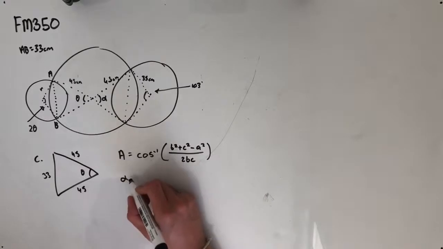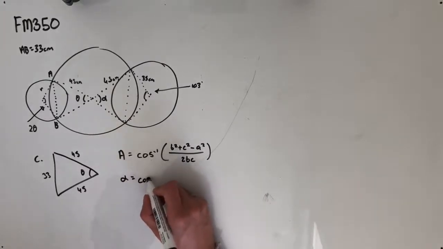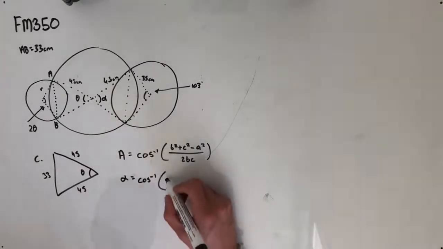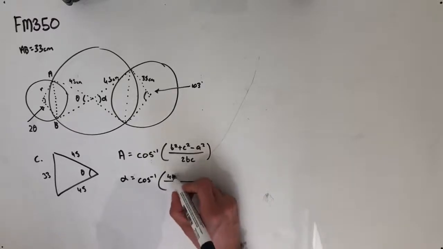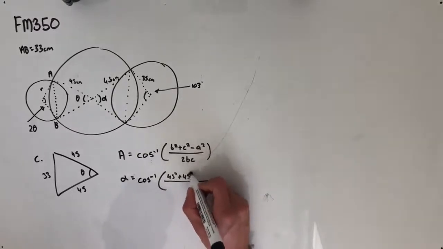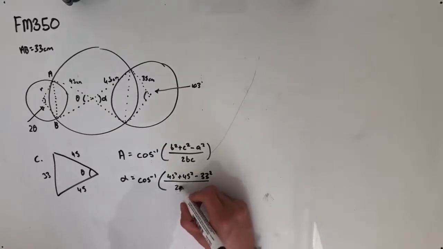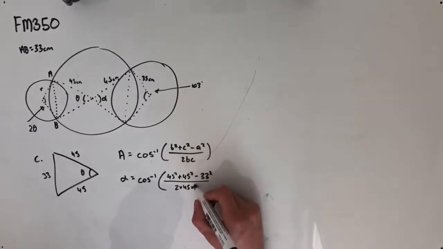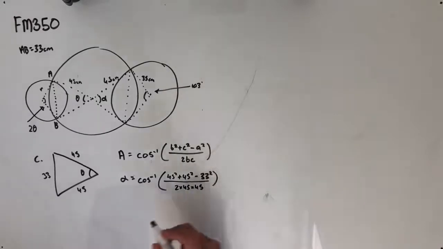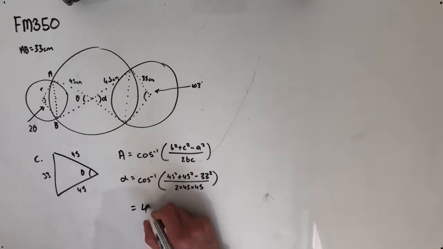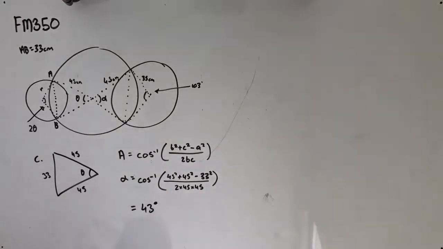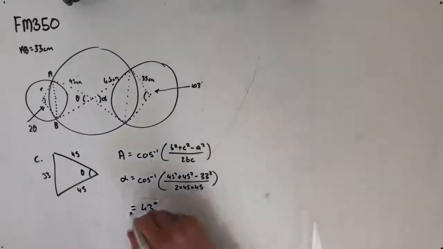Substituting our known values, we should get that theta is equal to cos -1 of 45 squared plus 45 squared minus 33 squared all over 2 times 45 times 45. Plugging all of this into a calculator should give you an answer of 43 degrees when rounded to the nearest whole degree.